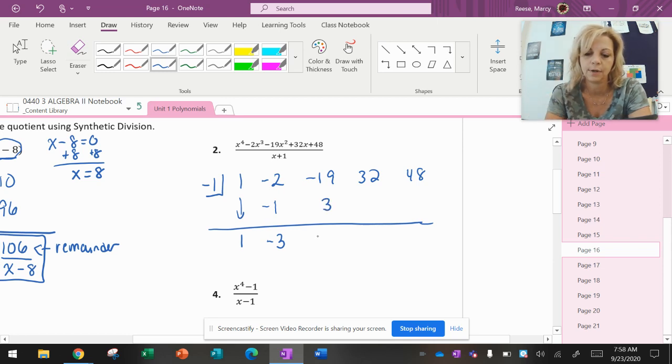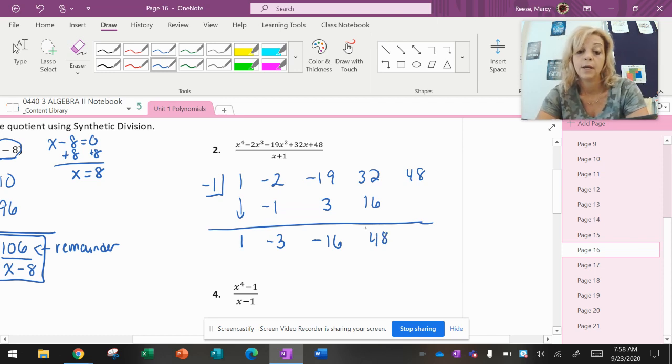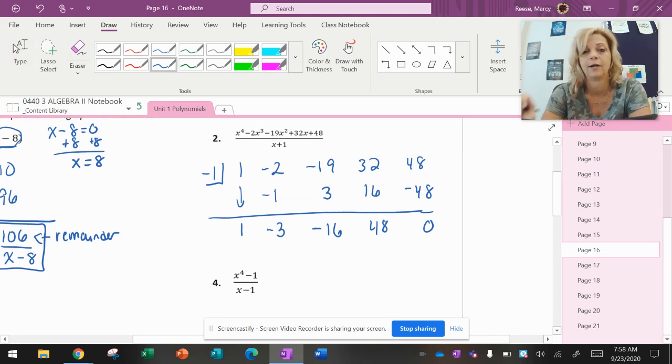Negative 19 and 3 is negative 16. Negative 16 times the shelf times negative 1 is 16. 32 and 16 is 48. Okay? 48 times the shelf, negative 1 is negative 48. And ooh, I can see it already. Look at that. They're going to combine to be 0. Whew. Remainder is 0. That means that x plus 1 is a factor.